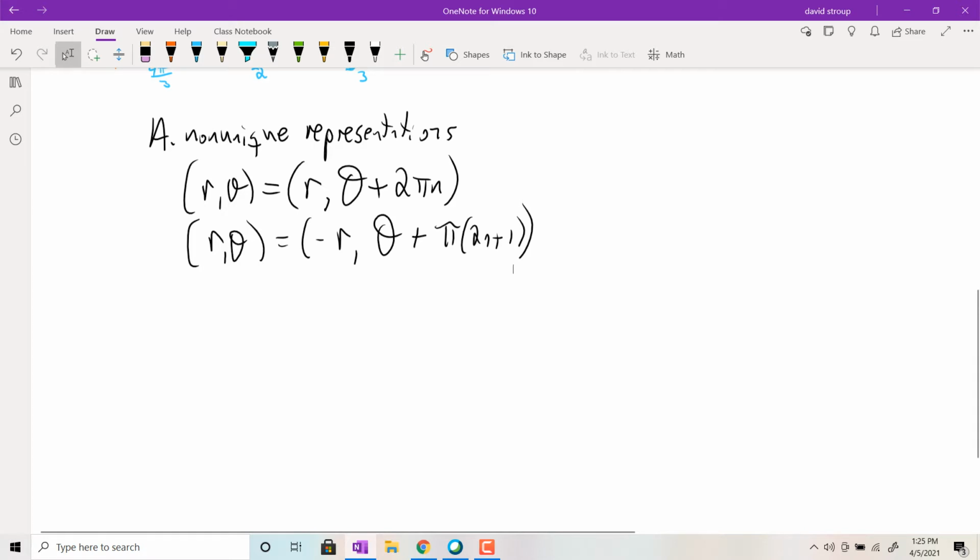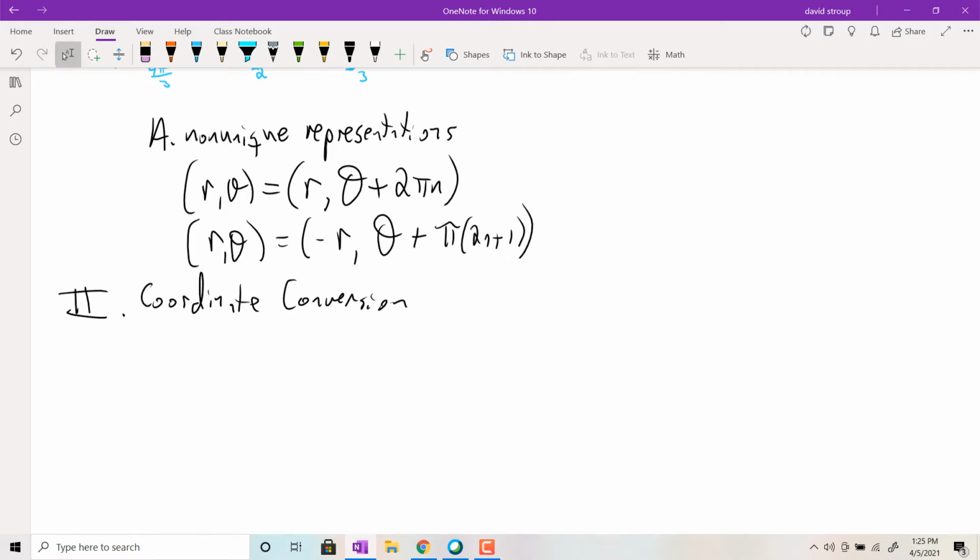Converting from polar to rectangular then comes down to just a set of equations that we'll use. You can remember this set if you know your basic trig, coordinate conversion. So this picture, I believe, is the key to remembering the formulas. We have a point in the plane.